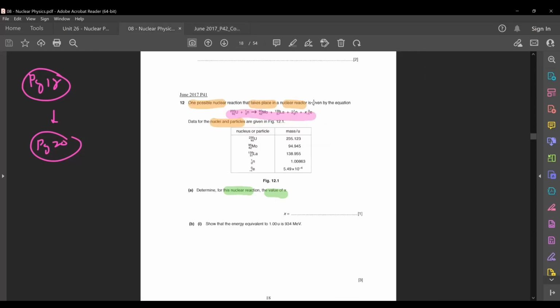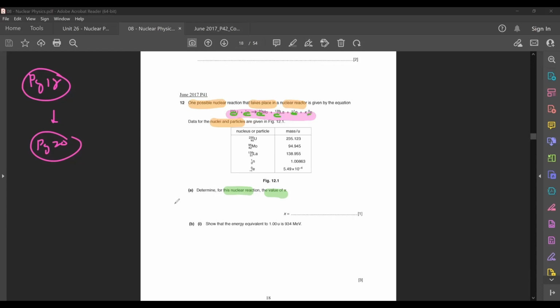But if you want to write out the workings, you're basically applying conservation of proton number. So if you use conservation of proton number, this will be 92 plus 0 equals 42 plus 57 plus 0 plus x times negative 1.